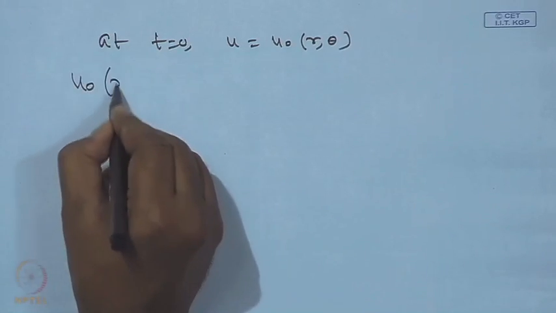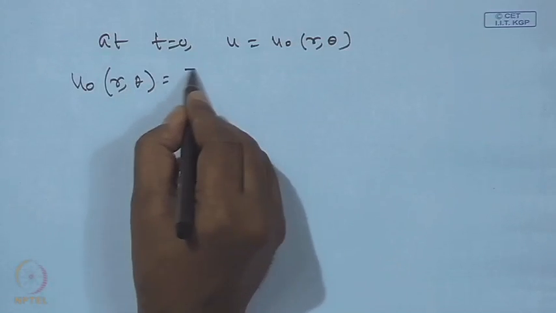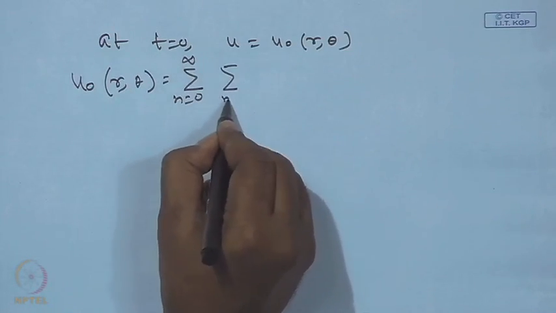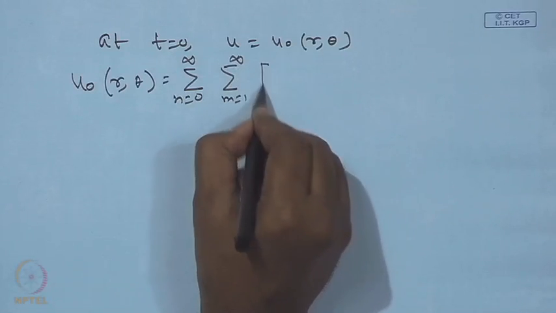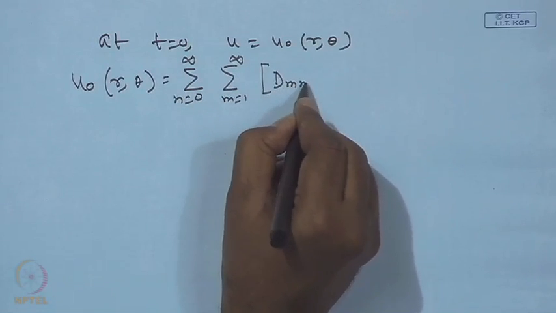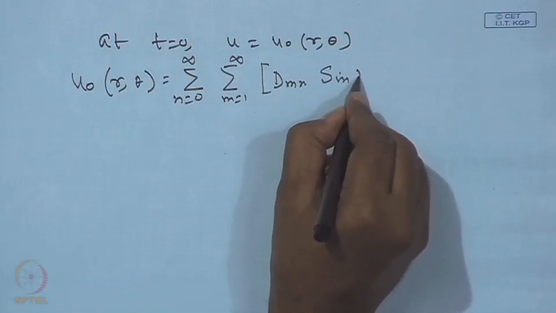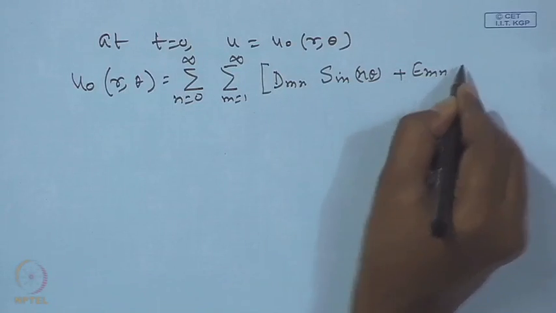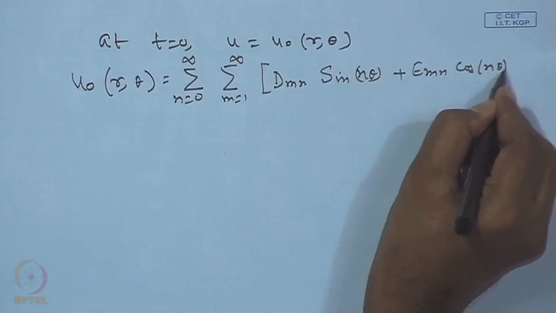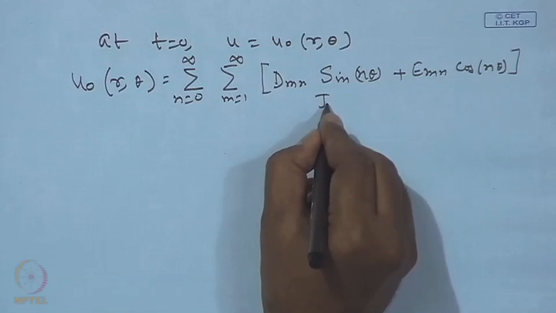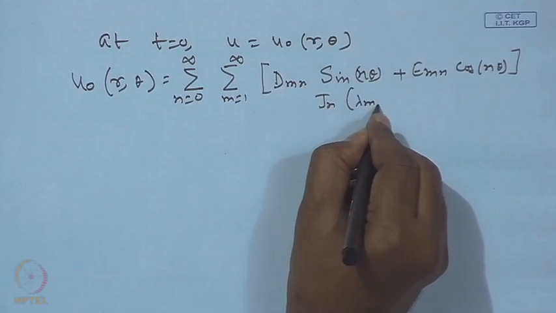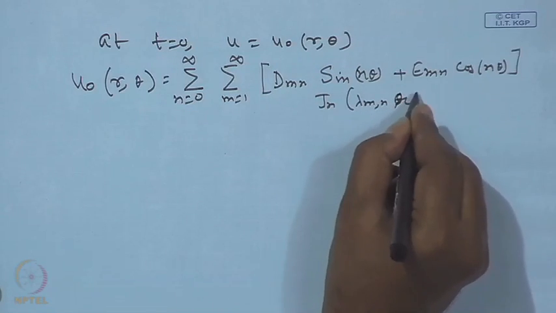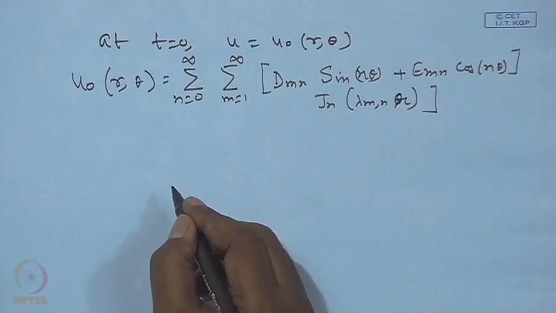So, if you write it down, then u of r theta becomes the summation of n equal to 0 to infinity, summation m equal to 1 to infinity, of D m n sin n theta plus E m n cosine n theta, multiplied by J n lambda m n r.